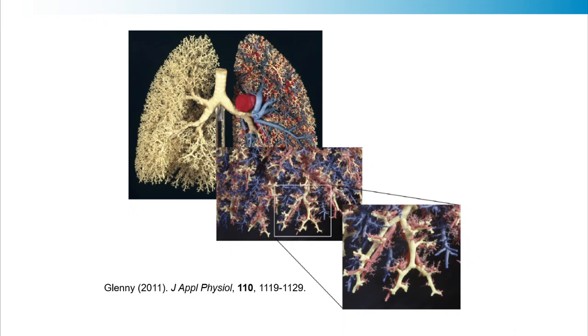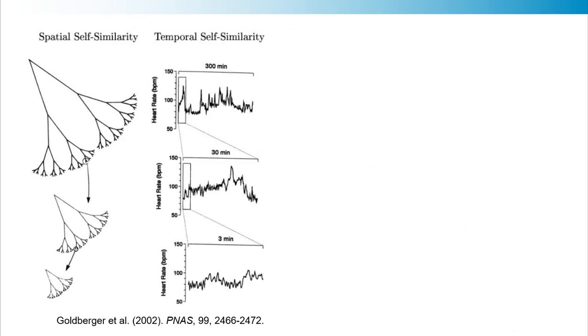But we also find fractal structures, self-repeating, self-similar structures, in other things that we can measure. So here we have an example of spatial self-similarity, which is what you saw in the case of the lung. As things branch off and carry on branching off, they have the same basic shape, but they occur at smaller and smaller scales.